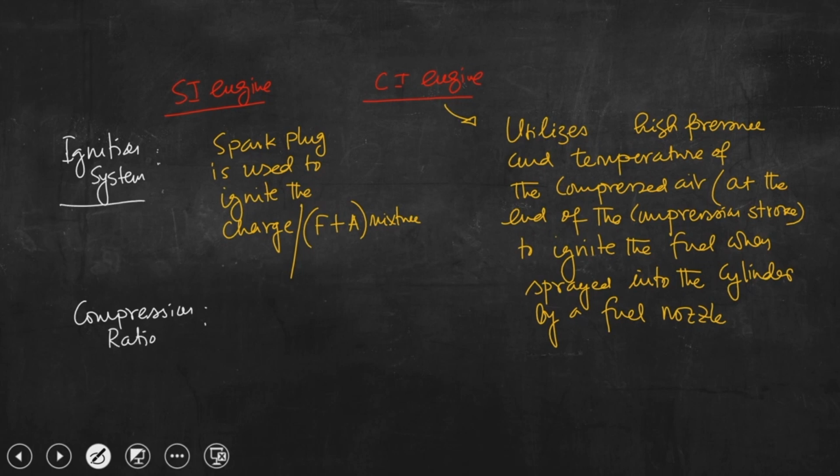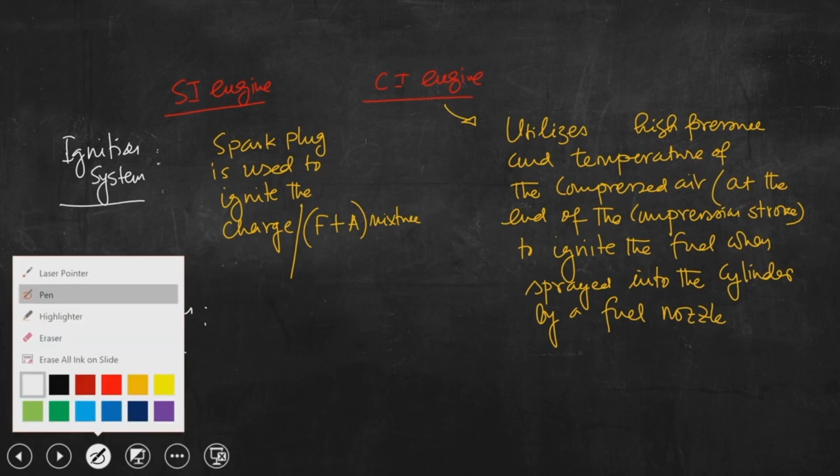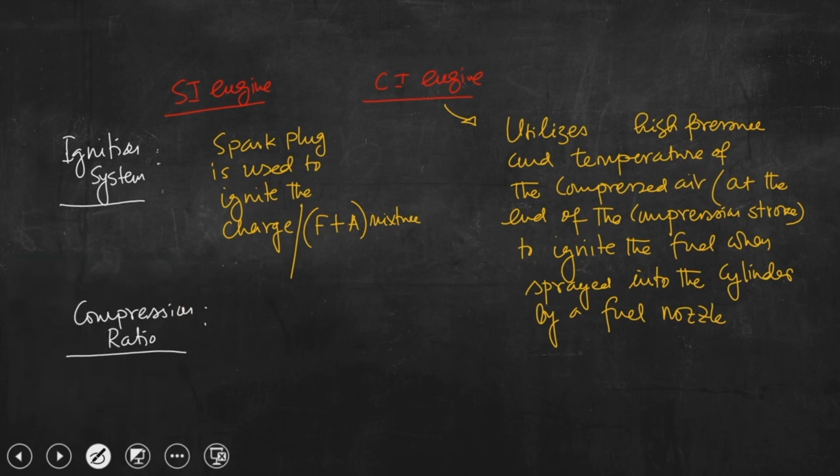So, next basis is compression ratio. SI engines are having relatively low compression ratio.